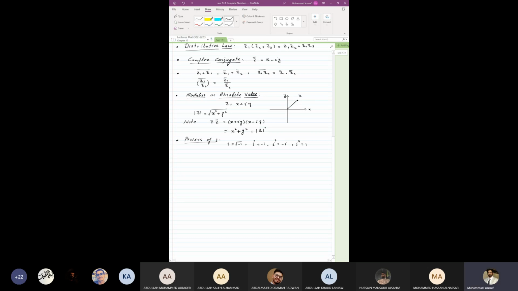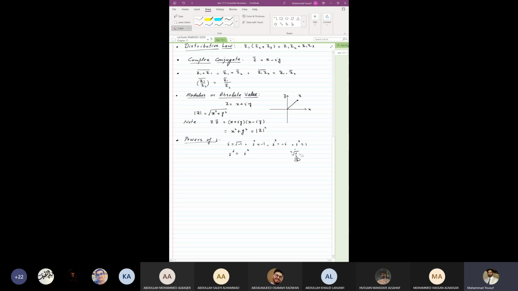So if we have a number bigger than 4, we divide it by 4 and take the remainder. For example, if the power is 6, i power 6 is equal to i power 2, because when we divide 6 by 4, the remainder is 2.